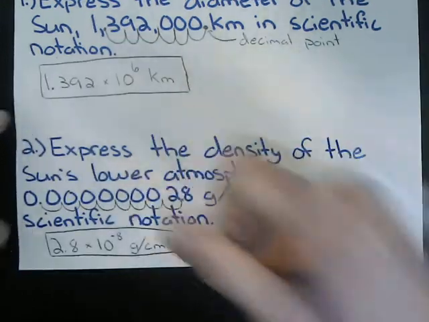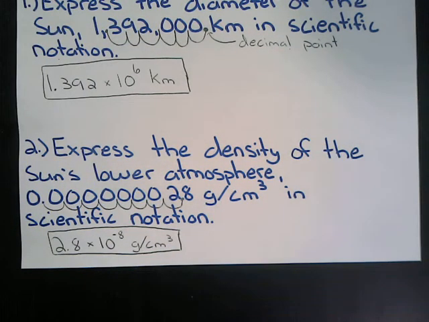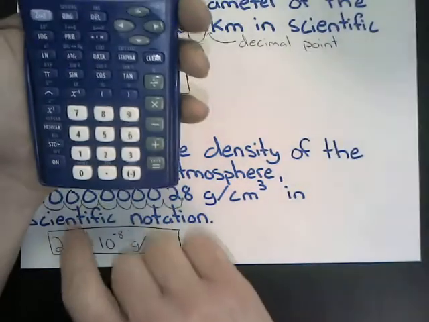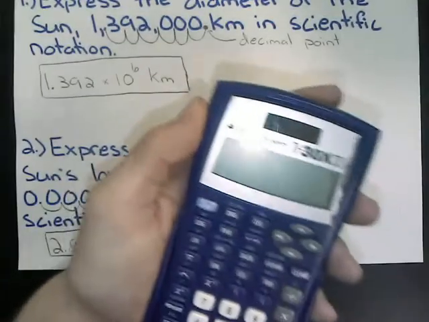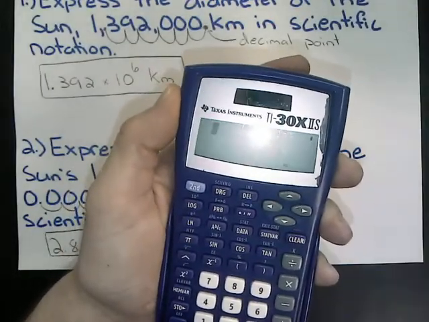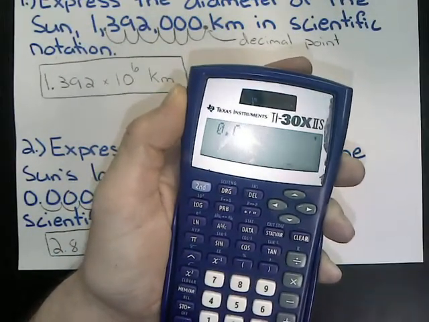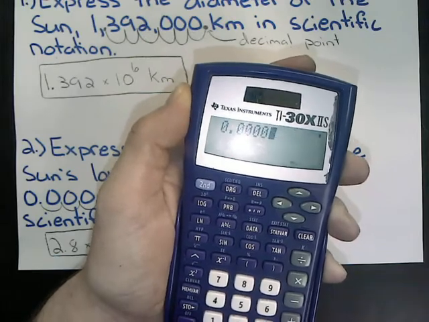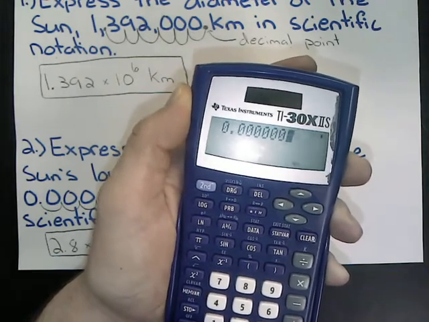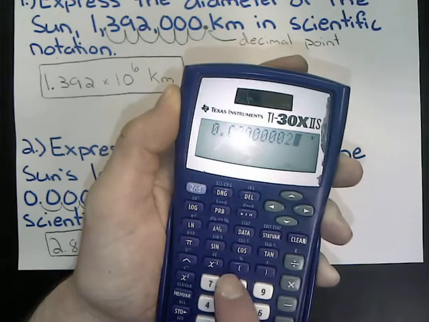Now again, if you're unsure about yourself and you have a scientific calculator, you can double check yourself. So what I'm going to do here is put this number in my calculator exactly how it is written. So I have 0.10, 20, 30, 40, 50, 60, 70, and then I have 28.